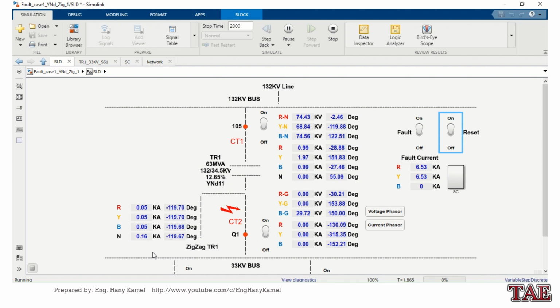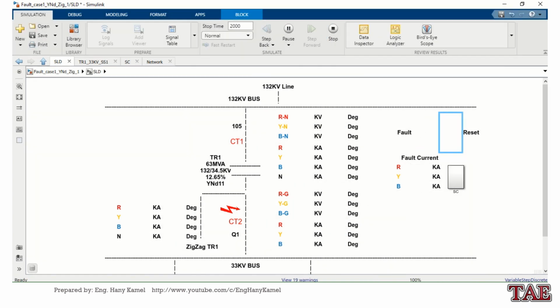So we are expecting differential protection, and sensitive earth fault protection for zigzag. Also maybe restricted earth fault for the zigzag transformer will work. So let's see the trip signals.